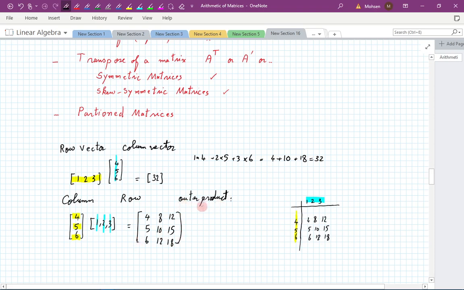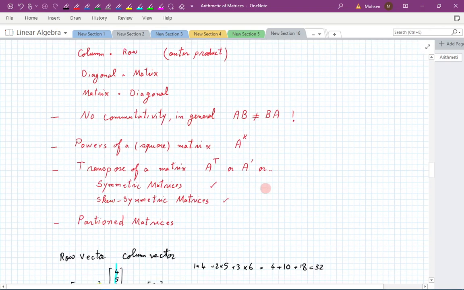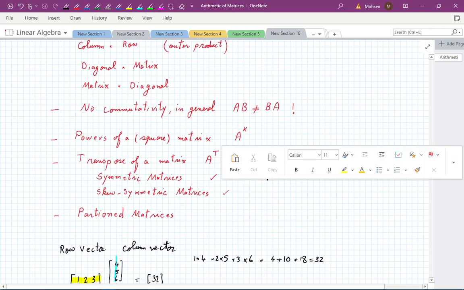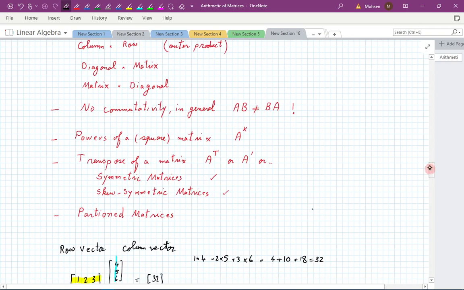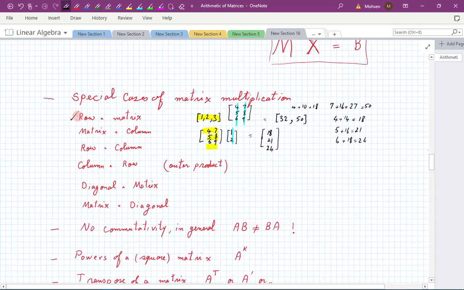So that's called an outer product, as opposed to what we had, an inner product, you remember, and the two of them are not to be confused with each other. So we talked about this case, row times column, column times row, called the outer product.